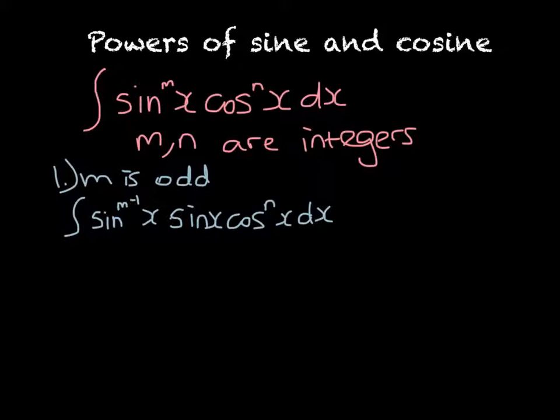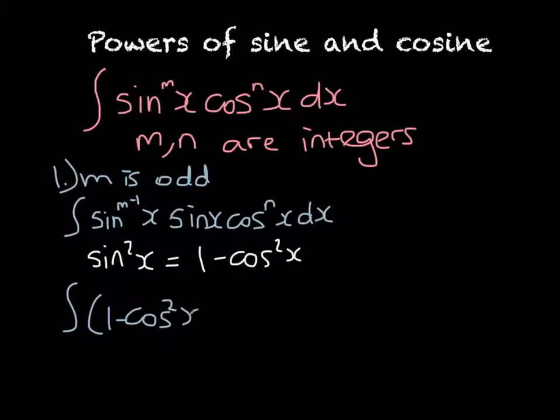The reason we do this is now we have m minus 1 as an even number, so we can convert it using the trig identity sine squared x equals 1 minus cosine squared x, giving you the integral of 1 minus cosine squared x to the power of m minus 1 over 2 times cosine to the n times sine x dx.